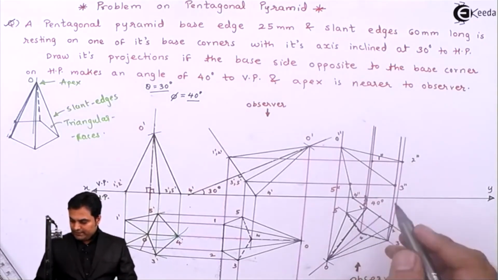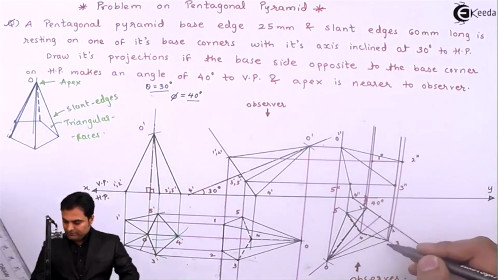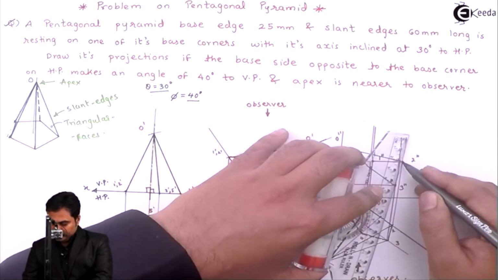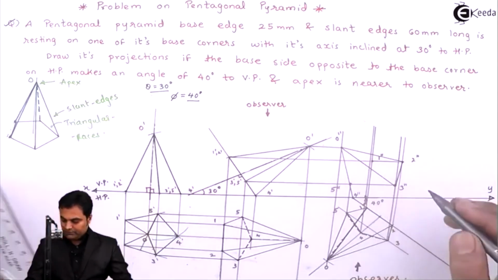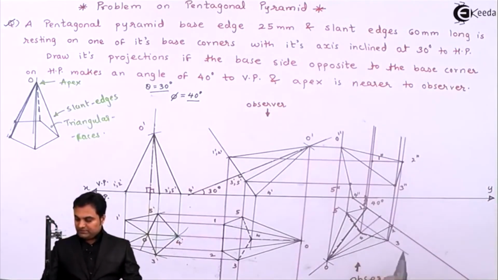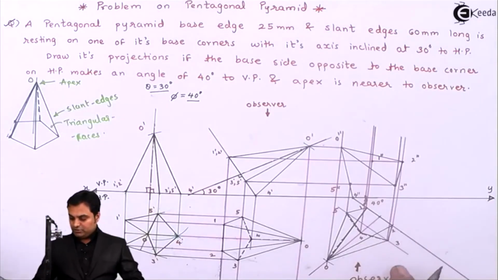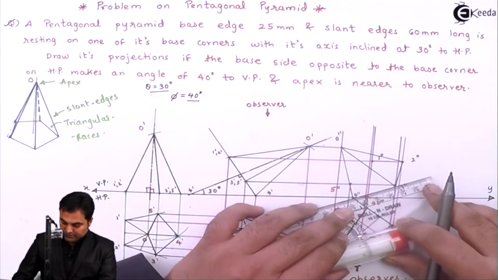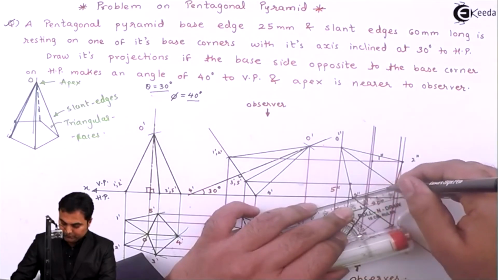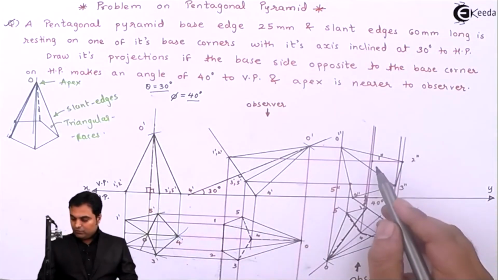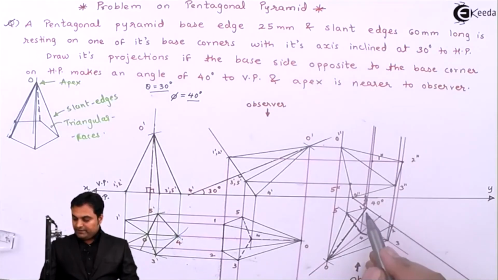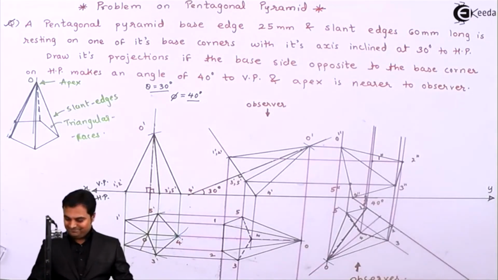Next, 2 to 3 will be visible. 2 double dash to 3 double dash, as they are closer to the observer. 3 double dash to 4 double dash, observer is here. This edge is also visible, which is hidden in the top view, so visible in the front view. Next, edge 1 to 5 will be hidden and edge 1 to 2 will be hidden because it is going away from the observer.